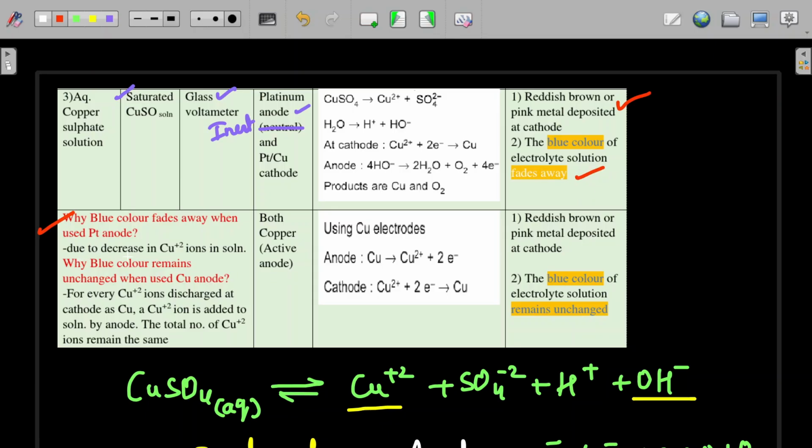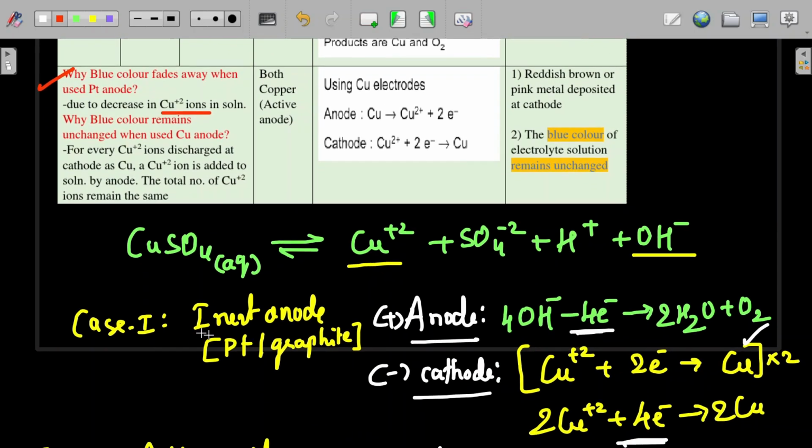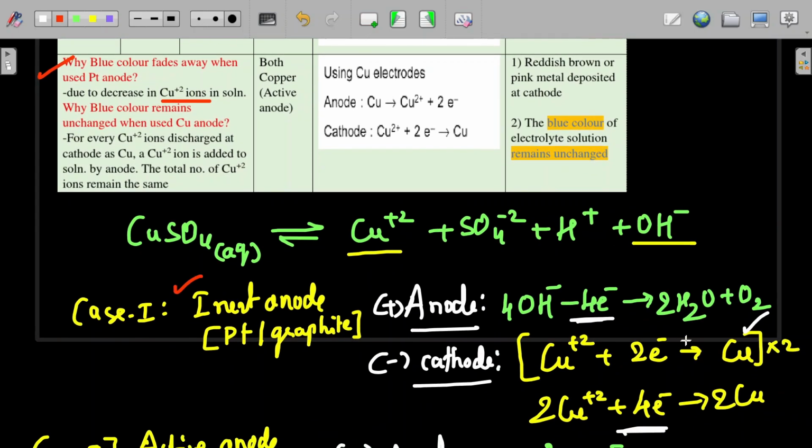The reason is due to decrease in Cu2+ ions in solution. See, when you're taking inert anode, all the Cu2+ ions which are responsible for the blue color of the solution get converted into copper, and there is no reaction forming back the copper ions. Hence, the blue color fades away if you take inert anode.